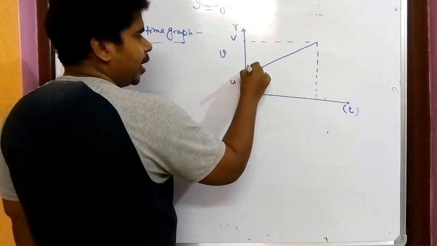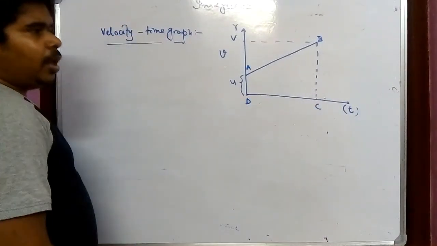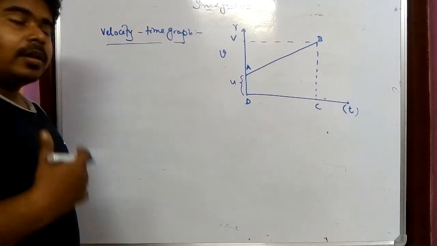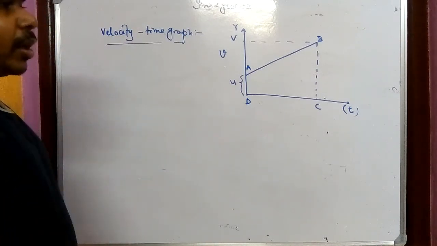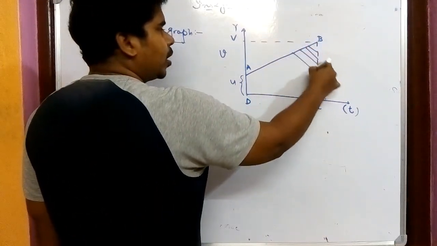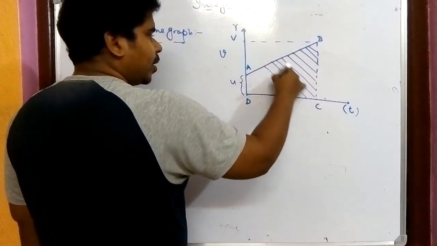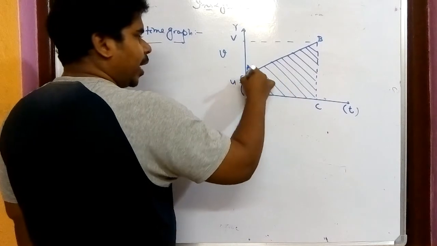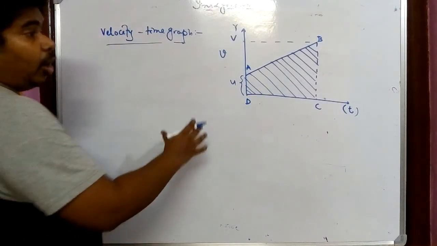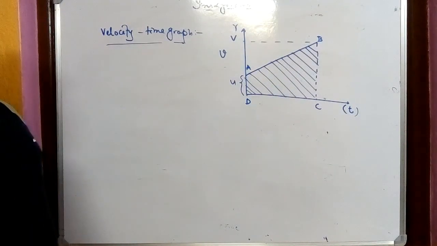Assume this point is A, this is B, this is C, and this is D. If anyone asks how you can find the distance from a velocity-time graph, you can say, sir, we find the area of the graph with the x-axis, and by that way we can find the total distance. So the area of the graph with the x-axis gives us the distance from a velocity-time graph.